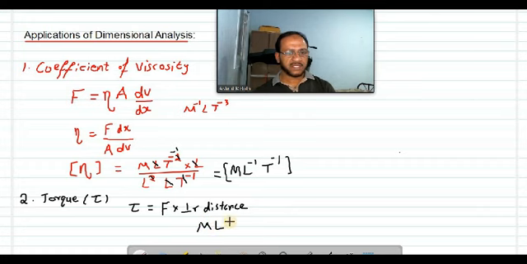Mass is M, acceleration is LT raised to minus 2, meter per second square, into perpendicular distance, which is L only. So the dimension of torque will be MLT raised to minus 2 into L, which is ML square T raised to minus 2. All of you got it? Yes. Now you can find out the dimension of any physical quantity if you know the equations.